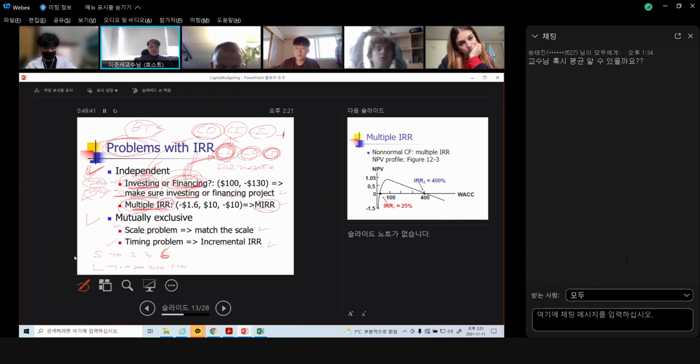Then the size of L's cash inflows and outflow is about 100 times that of project S. If two mutually exclusive projects have a huge difference in scale, then using IRR is going to be a problem. It's going to give very weird solutions.